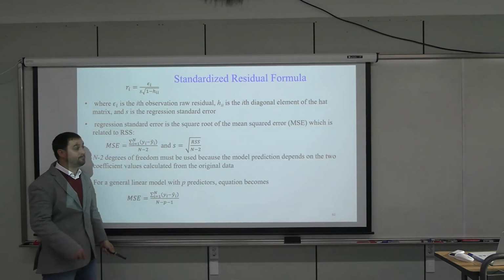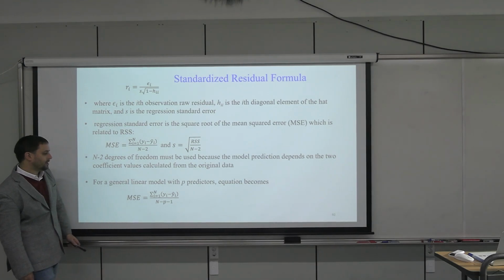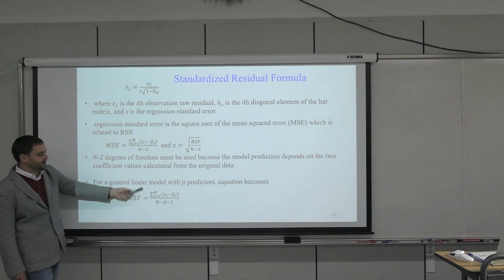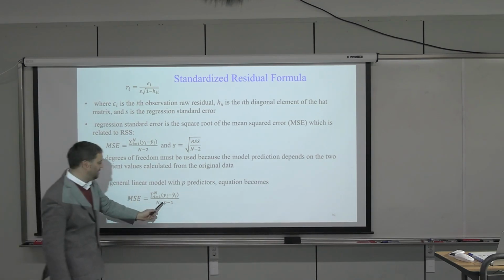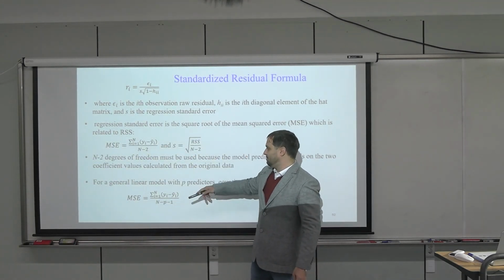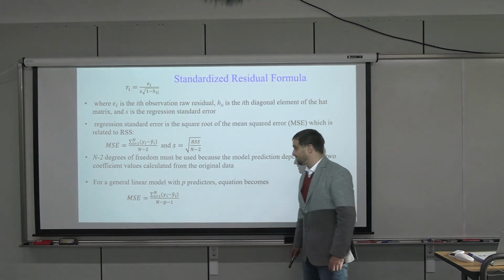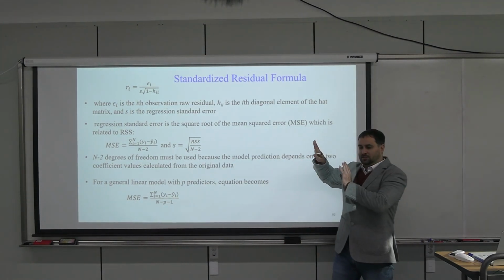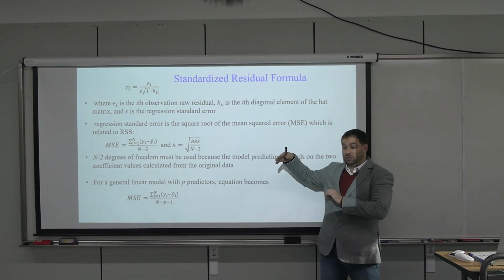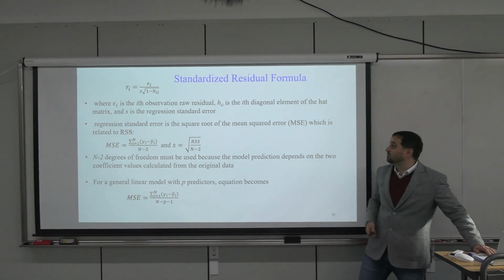Remember we introduced the hat matrix at the beginning of the lecture? That's for bivariate. If you have multivariate, where p is your number of variables, they reduce it because of the degrees of freedom. This is just for your information. You might see this in a paper you're reading or in different textbooks.